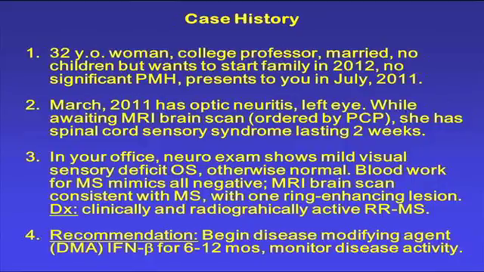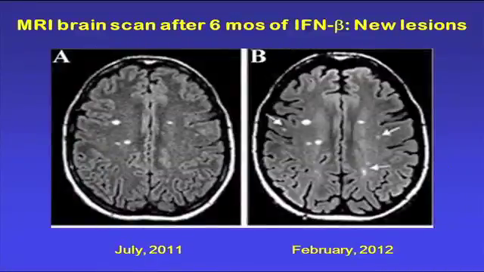You recommend that she begin a disease-modifying agent such as interferon beta, and after 6 to 12 months, you're going to monitor disease activity both by history, exam, and by MRI. After 6 months of interferon beta, as shown on the next slide, she has a number of new lesions.